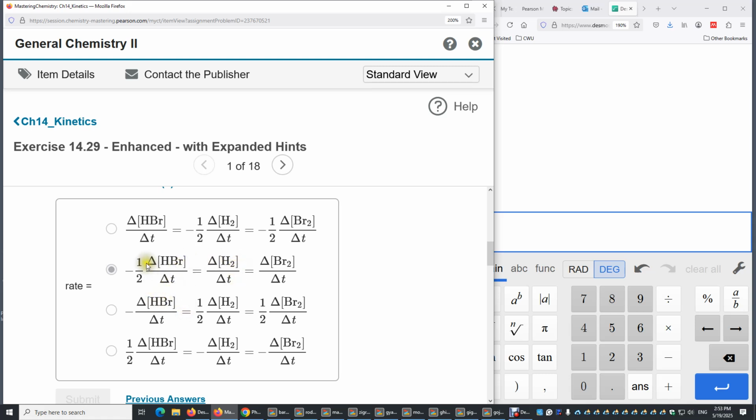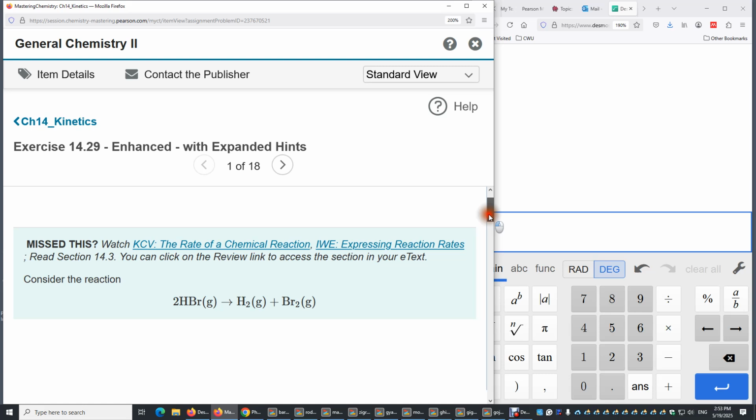The difference is where we place 1/2. By looking at this chemical reaction, we see the consumption rate of HBr is 2 times the production rate of H2. For example, if the consumption rate of HBr is 2 HBr molecules per second, then the production rate of H2 is only 1 H2 molecule per second.